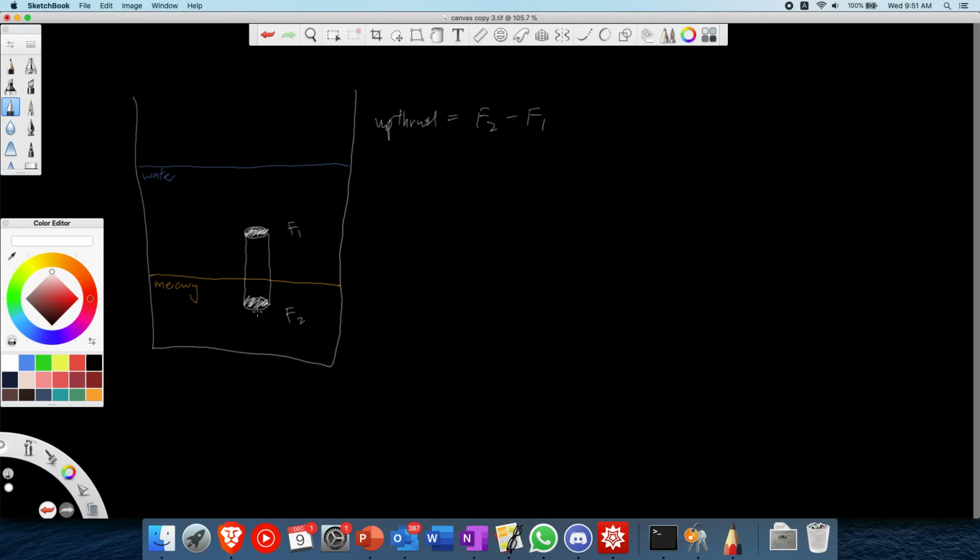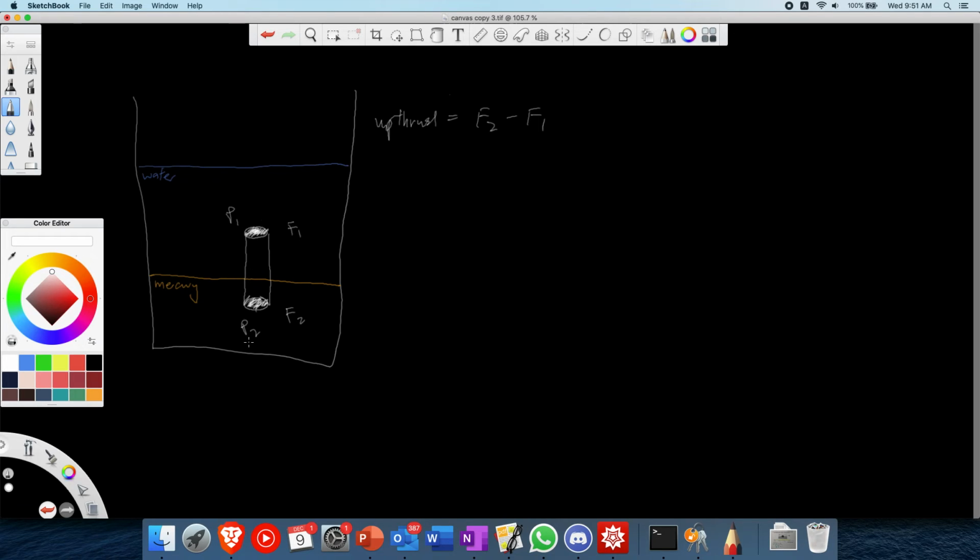Now what is F2 caused by? It's caused by pressure P2 at the surface. And what is F1 caused by? It's caused by pressure P1 at the surface acting downwards. Or rather, P1 at the surface, isotropic pressure, but it causes the force to act downwards.